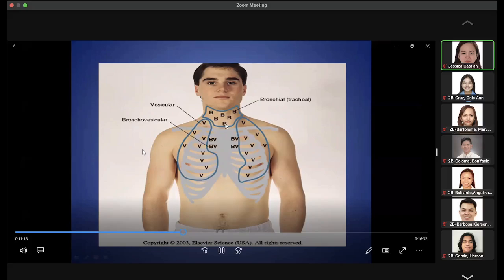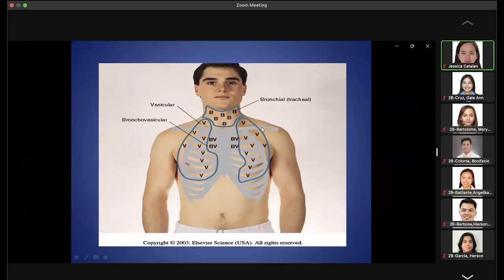Posteriorly, you can appreciate bronchovesicular breath sounds and vesicular breath sounds.